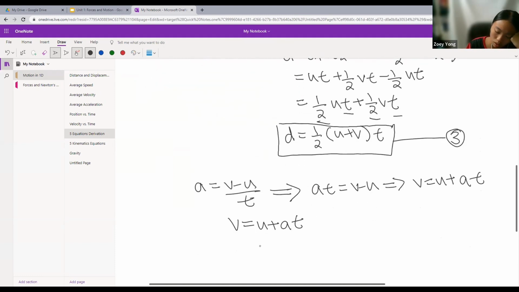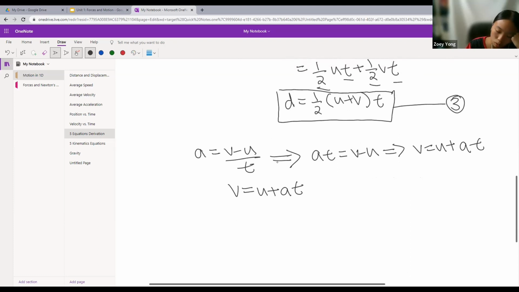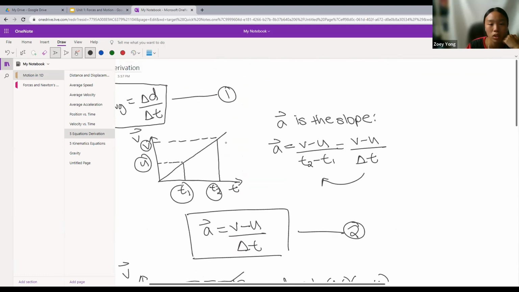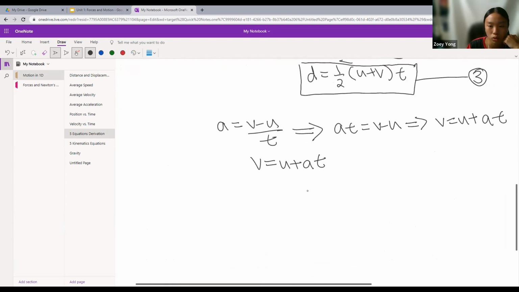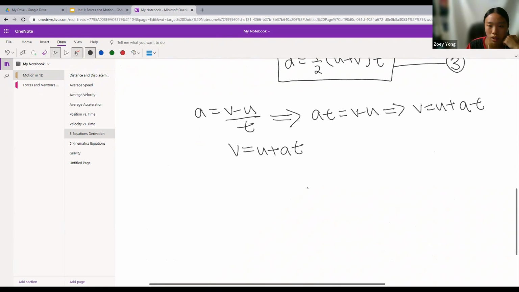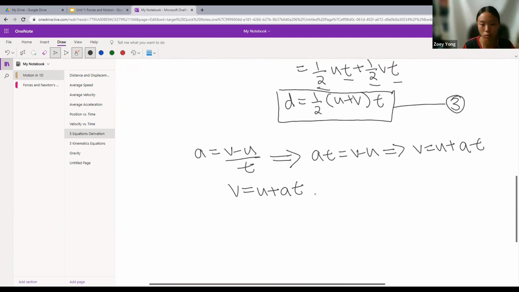We can have a d in the equation too, so we can find distance in terms of acceleration and velocity, because the whole goal of these 5 equations is to describe all types of motion. We can find any variable depending on what we're given.